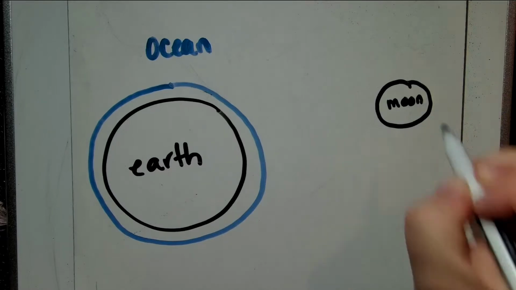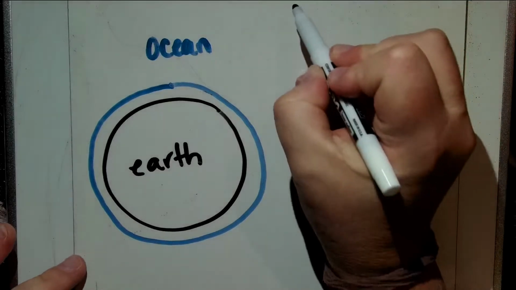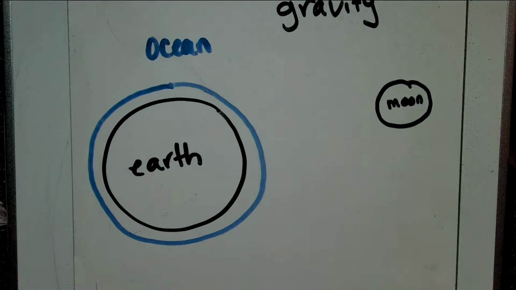Moon. Okay, so when we're talking about tides, we are focused on the gravitational pull between the moon and the Earth. So the word here is gravity. Gravity is the amount of pull on certain objects.